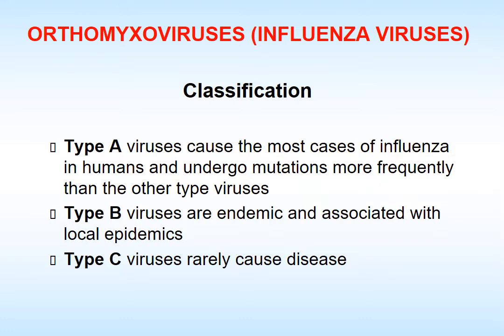Type B viruses are usually endemic and associated with local epidemics only, and type C viruses rarely cause disease and of course can't cause epidemics.